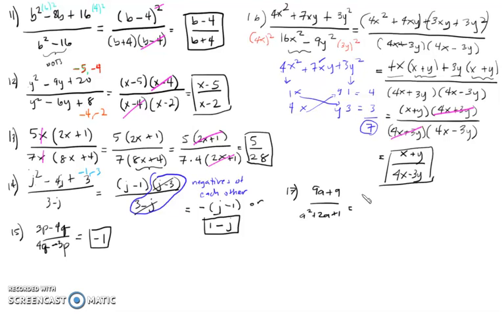Factor out 9, that gives us a plus 1 all over, and this is a perfect square trinomial, so that becomes a plus 1 squared. Cancel a plus 1, that removes the square, so the final answer is 9 over a plus 1.